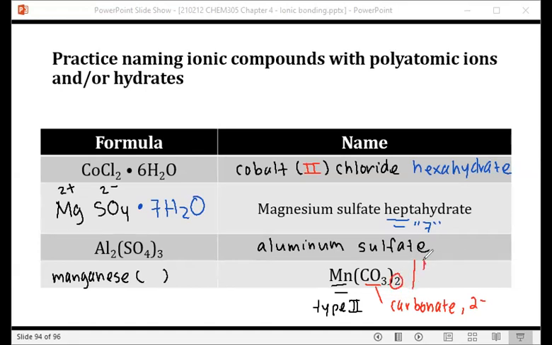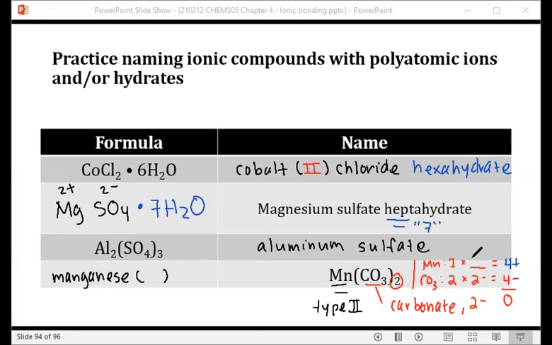So if we do our math, we have MnCO3. We have one manganese ion times, we don't know what its charge is. And we have two carbonates, and they each have a charge of -2. So the total negative charge is 4 minus. They have to add up to 0, which means our manganese must have a total charge of 4 plus.